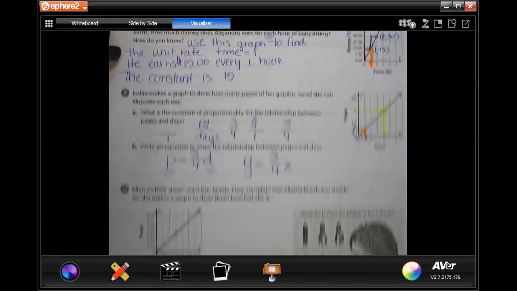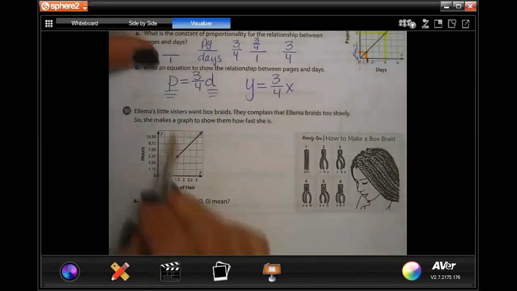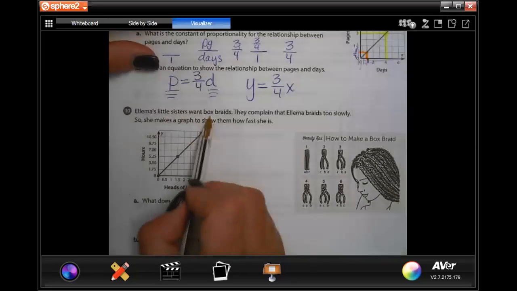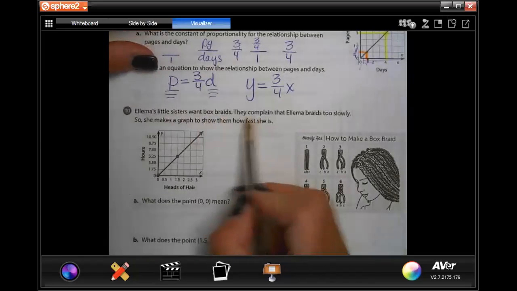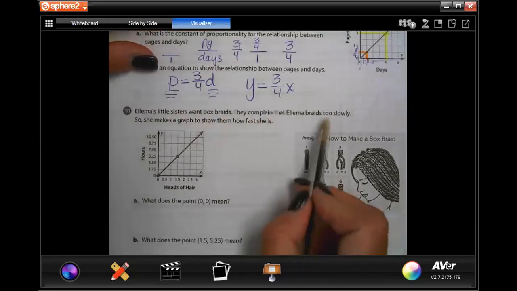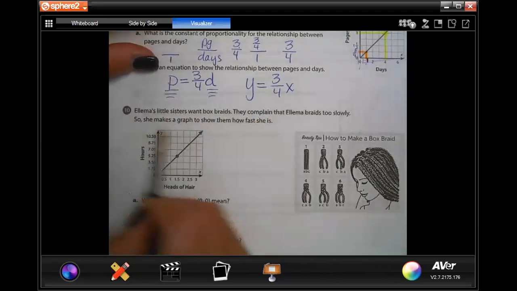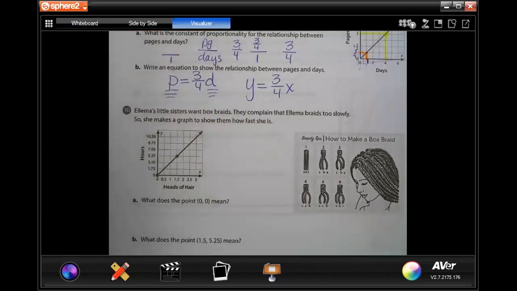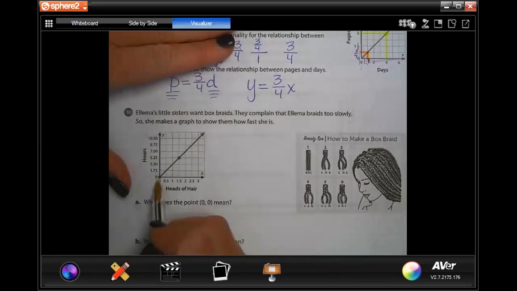All right, next problem. Elma's little sister wants box braids. They complain that Elma braids too slowly. So she makes a graph to show them how fast she actually really is. All right, so if you look at this, here's her graph. So this is heads of hair here, all right?